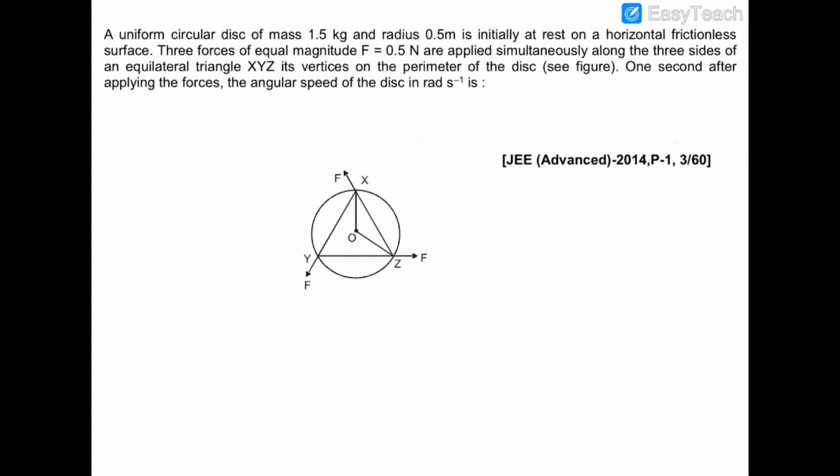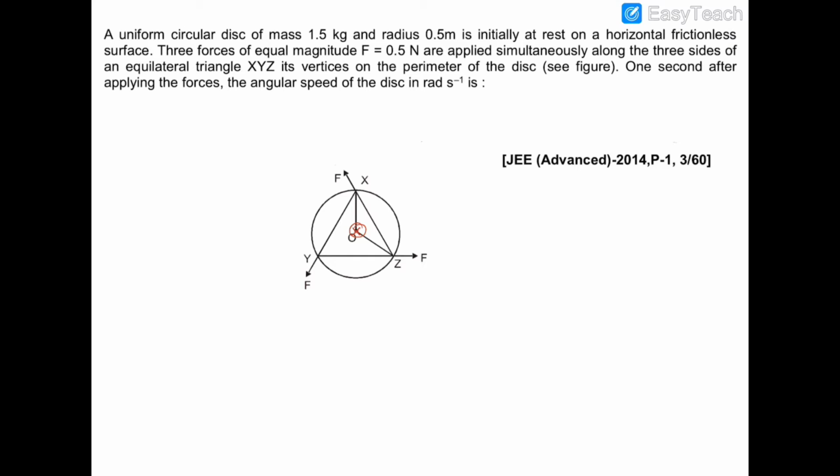First of all, we know that we have to calculate the torque due to these forces. We can understand that the torque of these forces would rotate this disc in the same sense. So we can find the torque of each of them, and we can add them up. The torque would be calculated about the axis of rotation, which is this one, passing through this point and perpendicular to this plane.